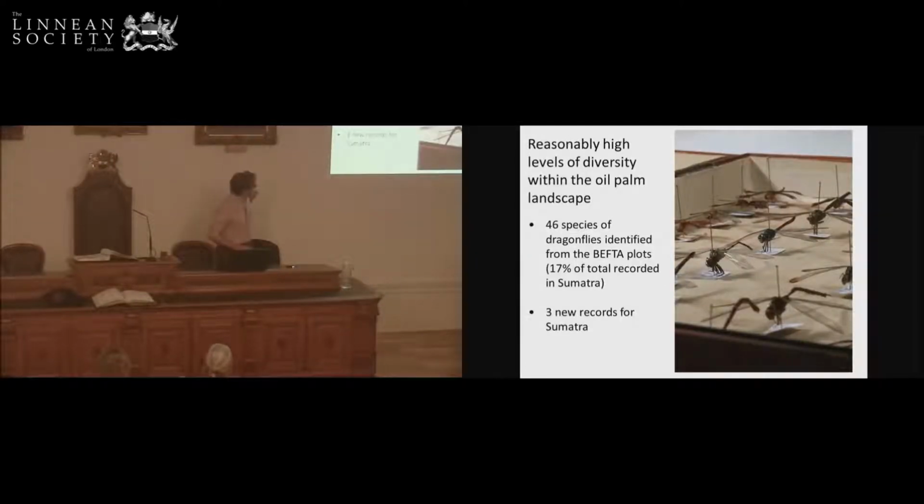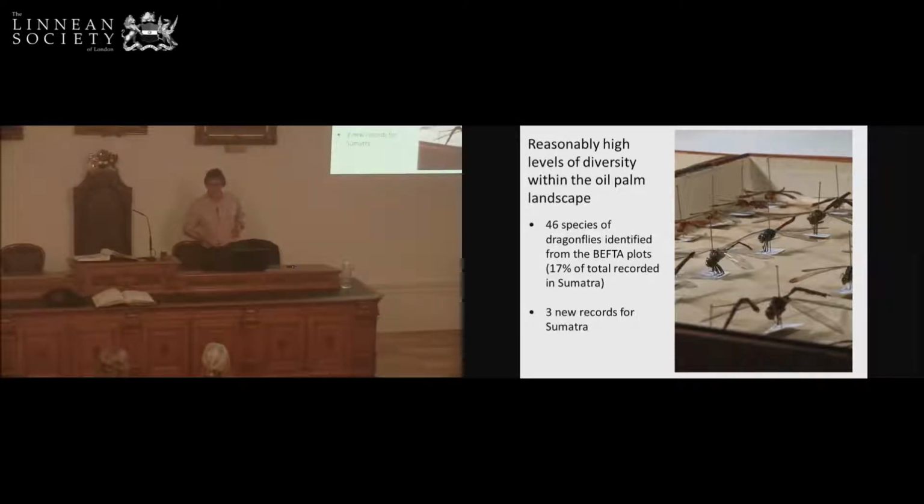One of the things that really interested us was the quite high diversity that we identify from oil palm. And again, in the papers, you tend to read oil palm as being green deserts. They're not. They're full of species. It's just they're not as diverse as rainforests. Nowhere near as diverse as a rainforest. An example here, we had dragonfly transects looking at the number of dragonfly species in these plots. We found something like 46 species just from our plots.